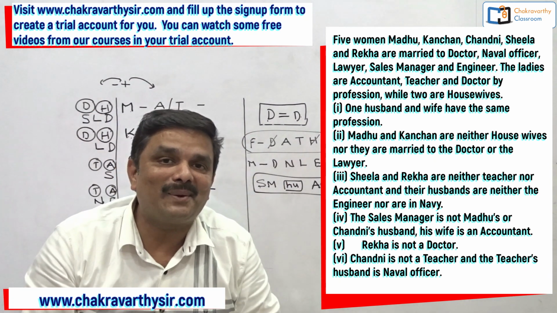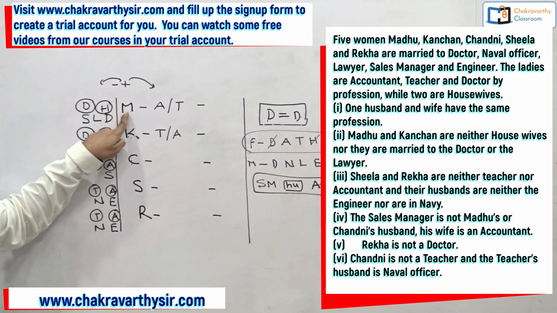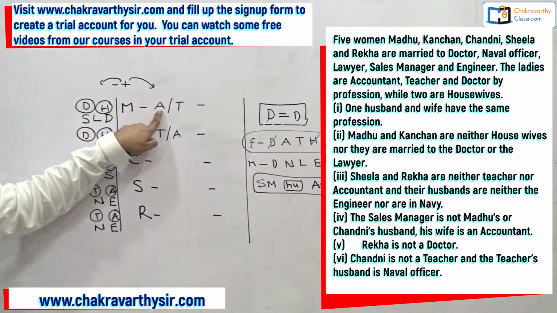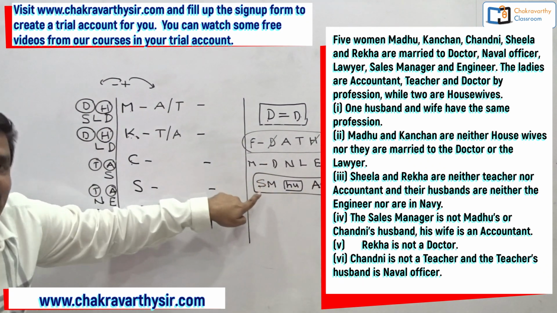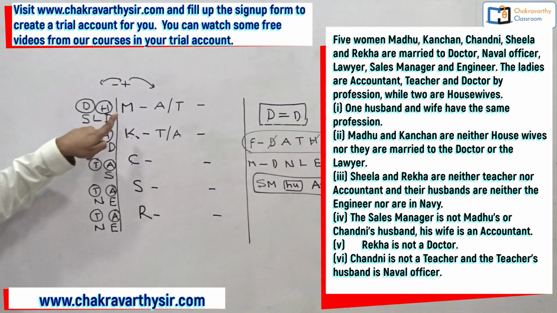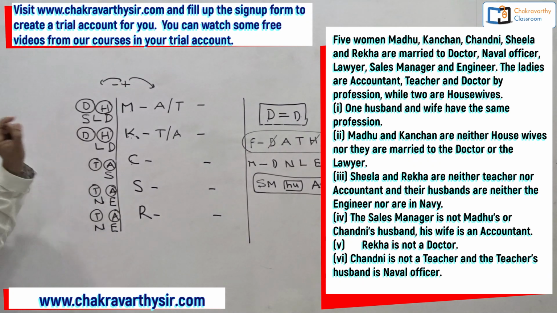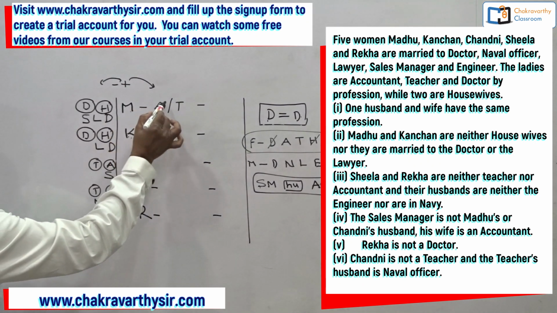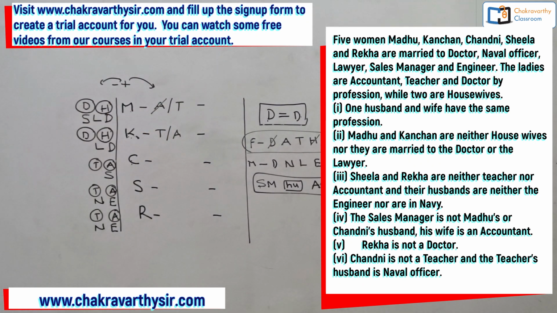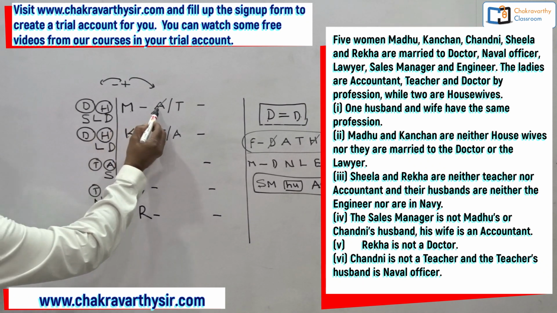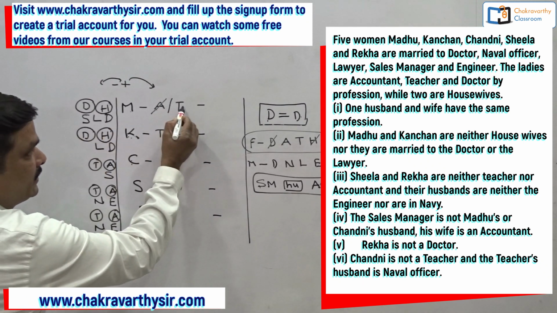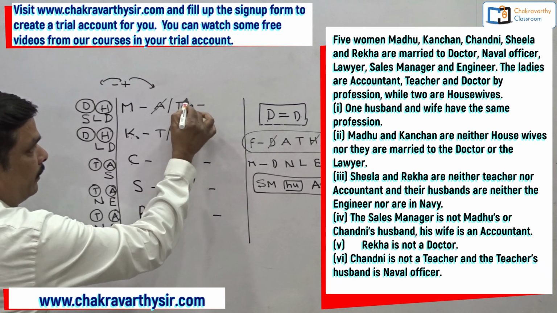Why can't Madhu be accountant? Because if she is an accountant, her husband should be sales manager, but they have given Madhu's husband is not a sales manager. So clearly Madhu cannot be the accountant. When she is not the accountant, she must be the teacher.